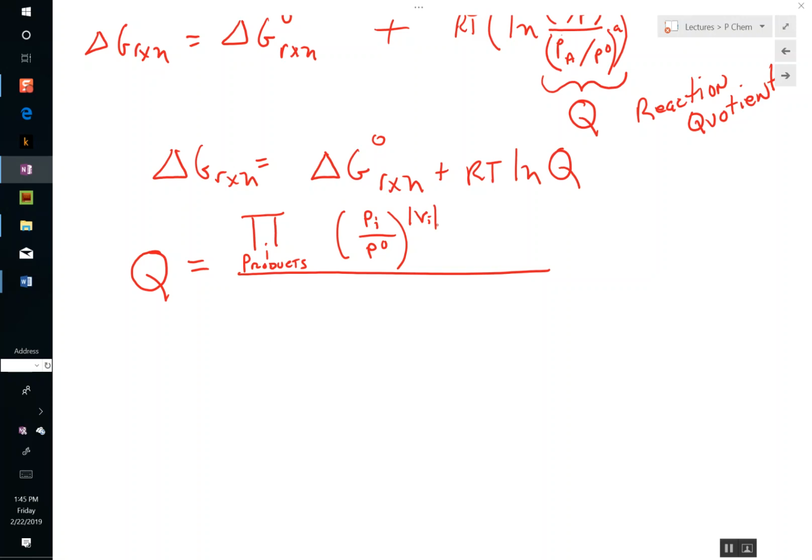If there's two i's, we're going to get that term for each one of them and multiply them together. And likewise, we're going to do that with the reactants.